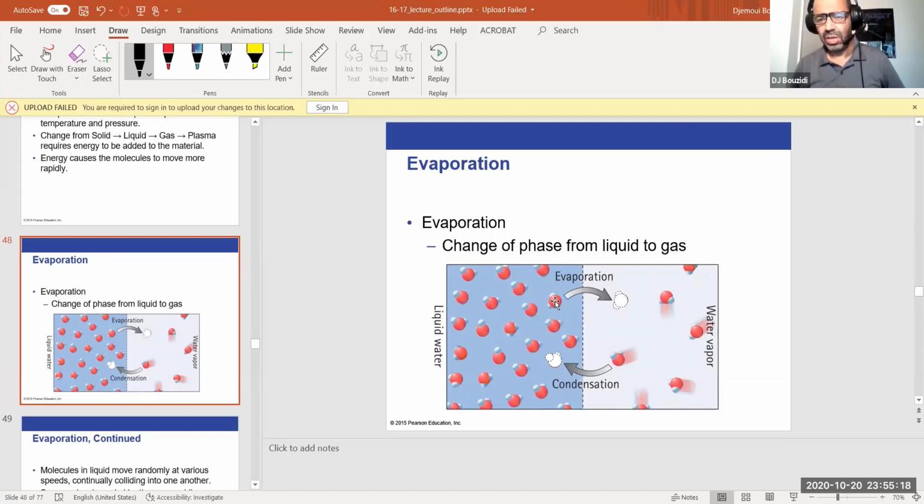The water molecules, which are bound by chemical bonding related to the fact that water is a polar molecule, receive enough energy and are taken outside of this region, and they are moving faster now, becoming vapor. Others condense backward, basically losing some of that energy. So this is the equilibrium point in here. We are going through a phase transformation through evaporation. The condensation is the reverse of that.